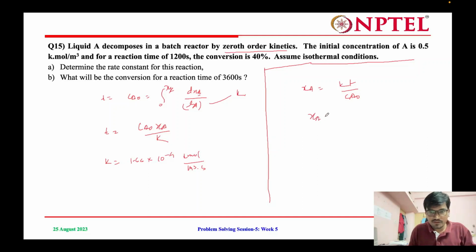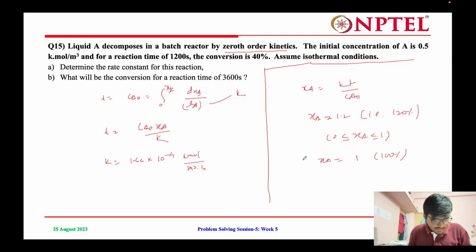So XA is equal to 1.2, that is 120%. But XA cannot be greater than 1; it lies between 0 and 1. So XA is equal to 1, meaning 100%. All the reactant will be consumed before 3600 seconds, which means 1 hour.